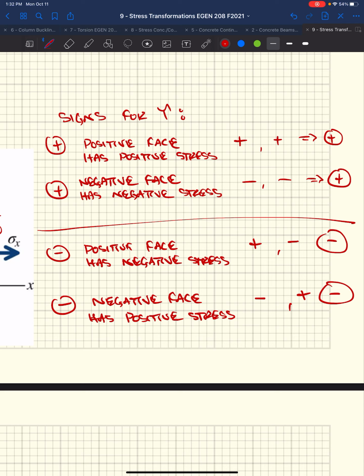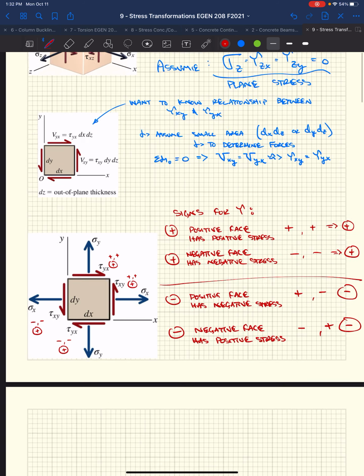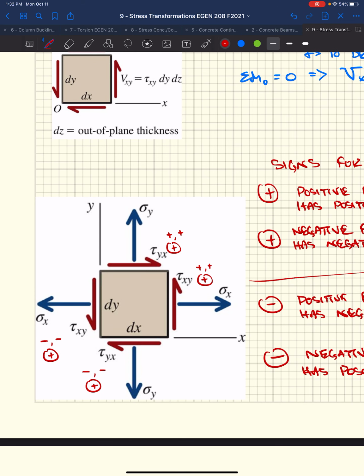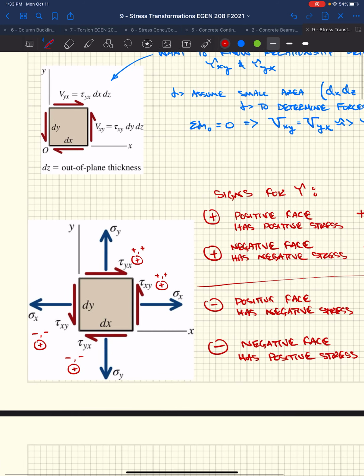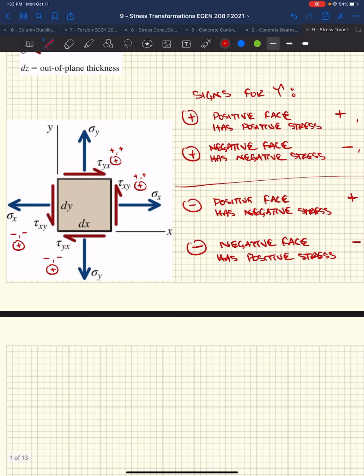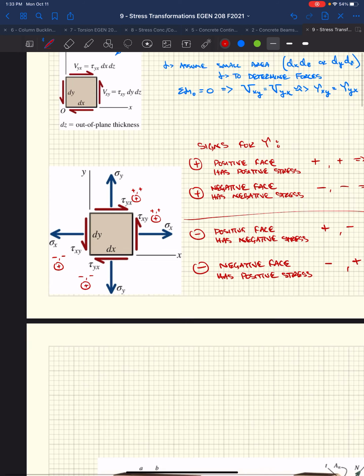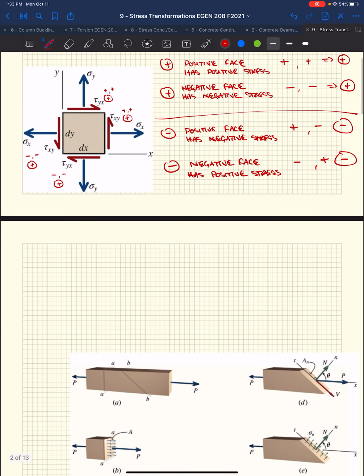Questions there? So this block here is under positive shear stress, right? Okay.